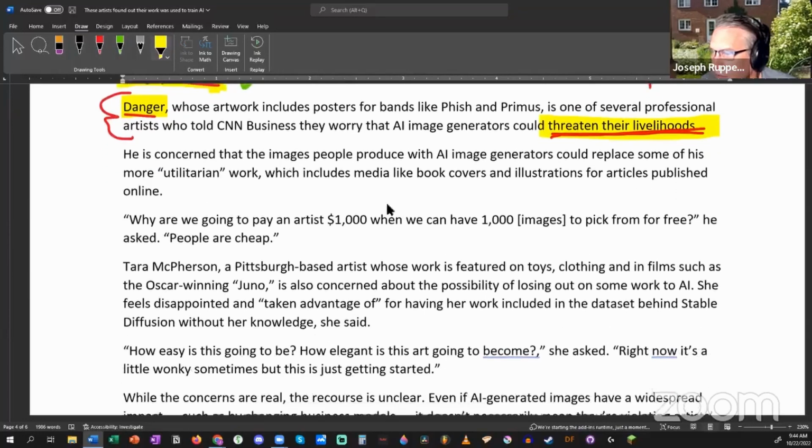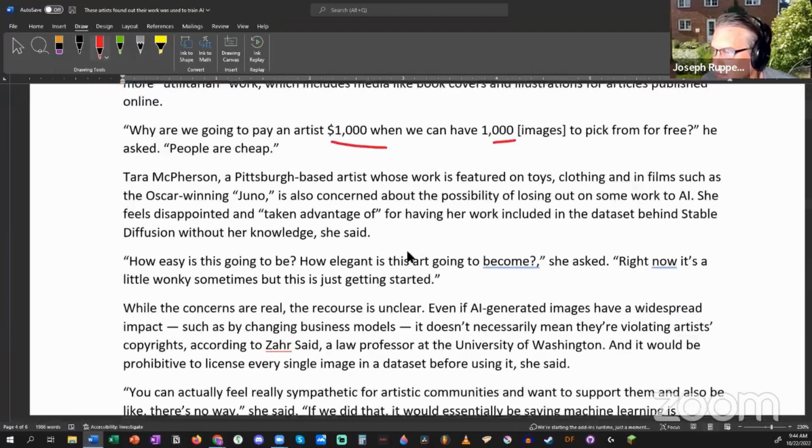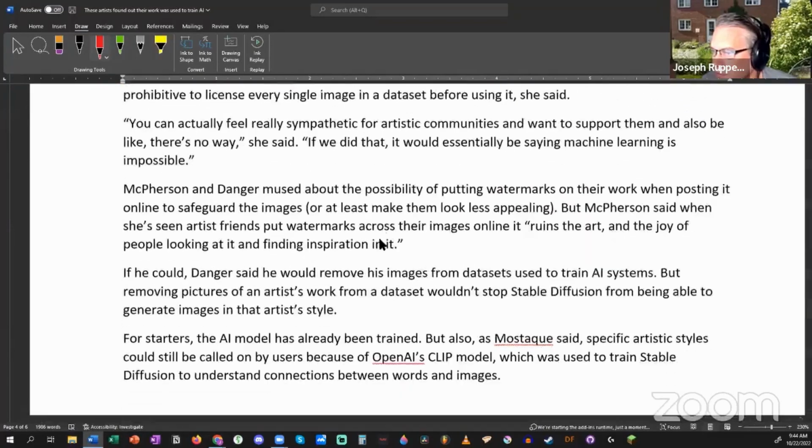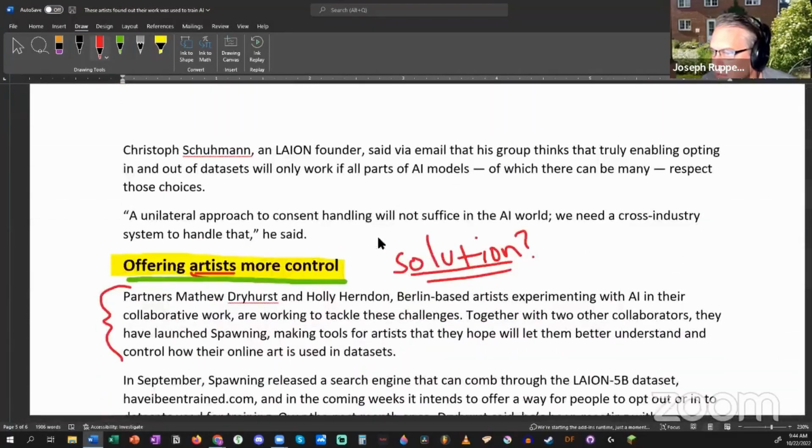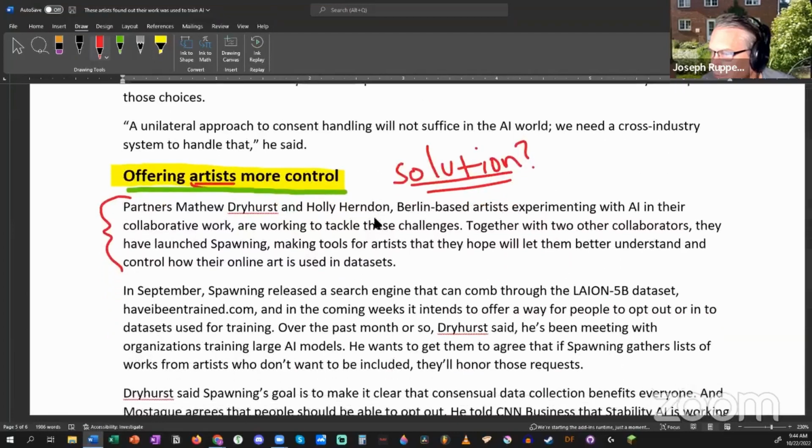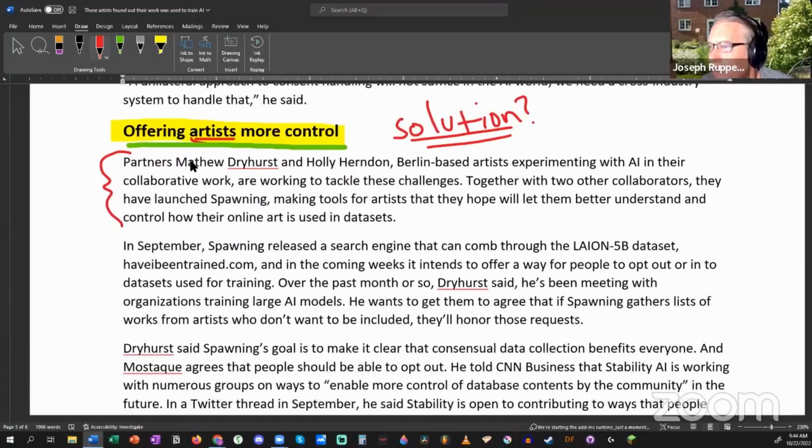So they're worried. Okay, so we see issues about money and so forth. A discussion there. Fine. All right. Offering artists more control. This is a possible solution. Let's take a look at this first paragraph.